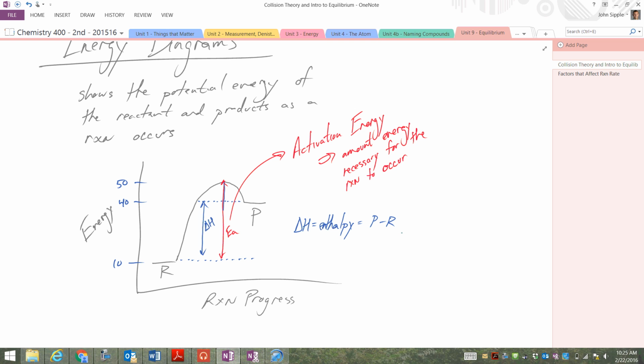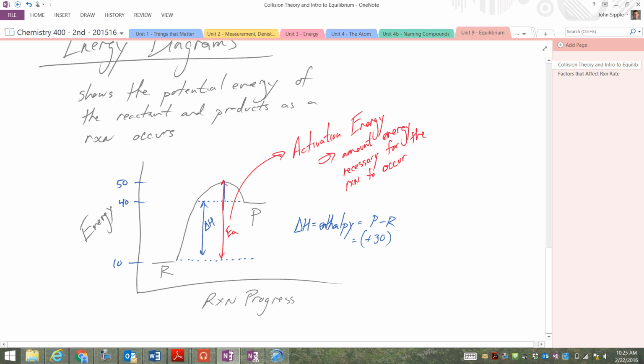So delta H for this reaction. If we look at the amount of energy that the products have in relation to the reactants, what would be the value we'd be looking at for delta H? Yep, 30. Is it positive or negative? Great, that's important. This is going to be a positive 30 for this reaction.